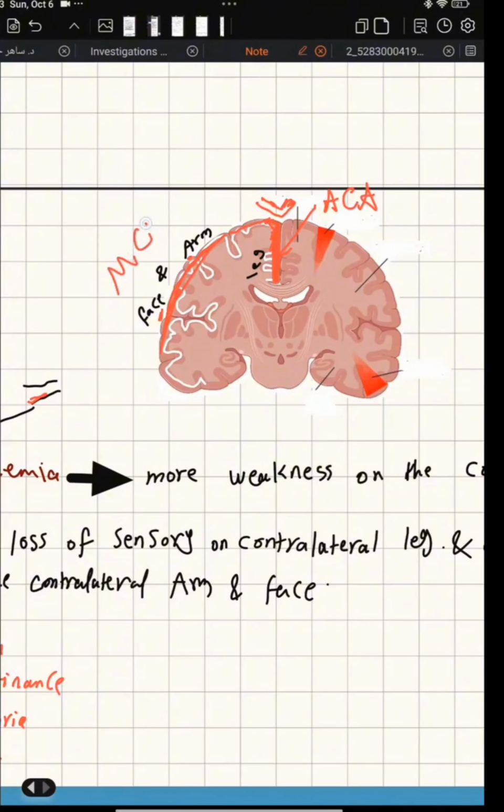Supplied by the middle cerebral artery. So any problem, stroke, rupture or bleeding within the anterior cerebral artery will result in weakness in the leg, and any problem, blockage, stroke or bleeding within the middle cerebral artery will result in problems within the face and arm.